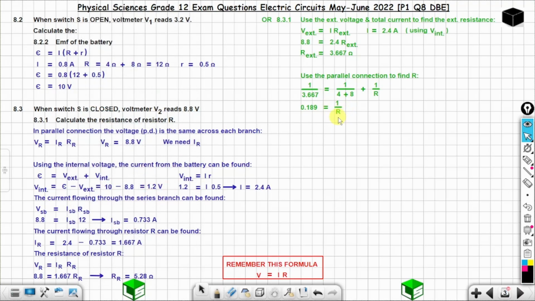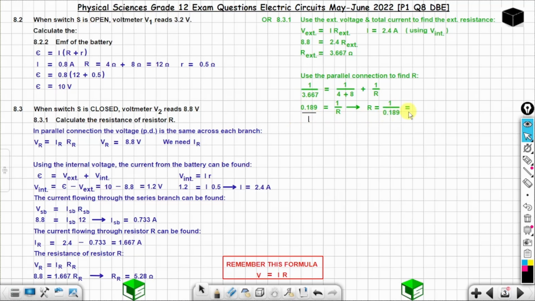So to find R, you are going to flip. Remember, this is over 1. So you are going to flip. You are going to have R over 1. You have R equal to 1 over 0.189.